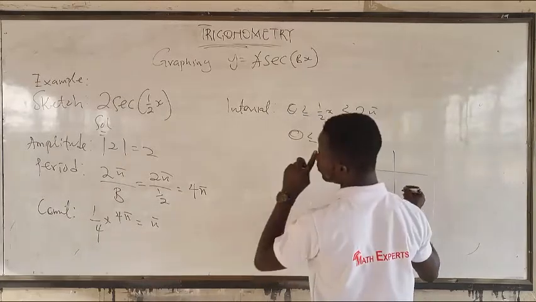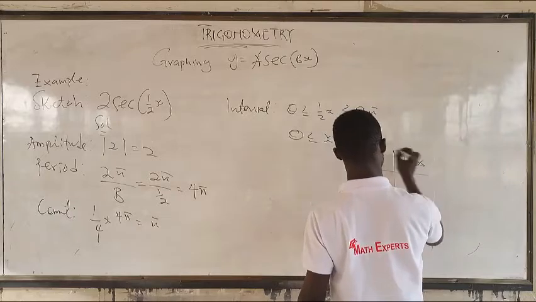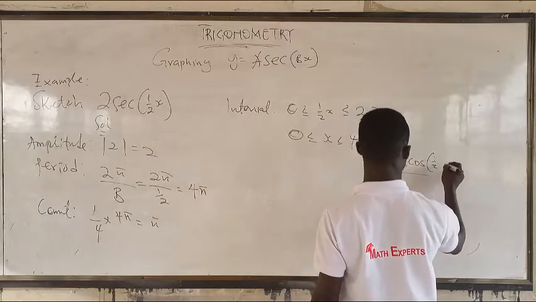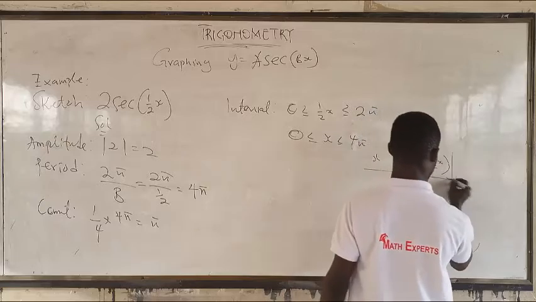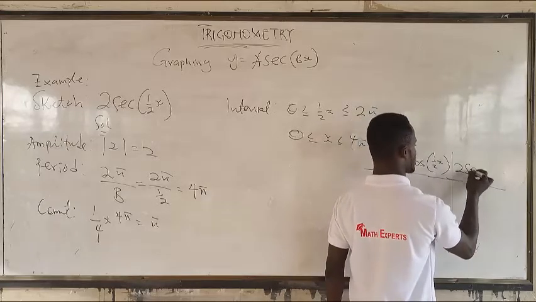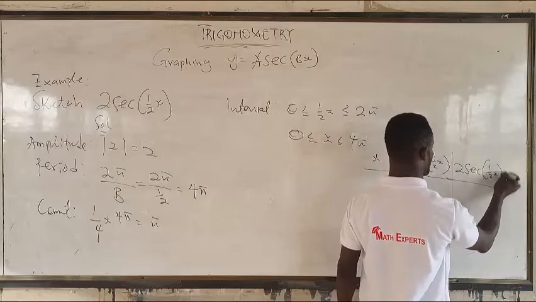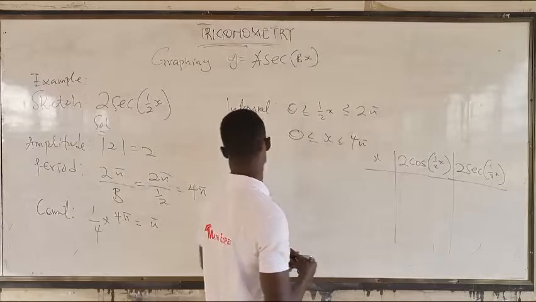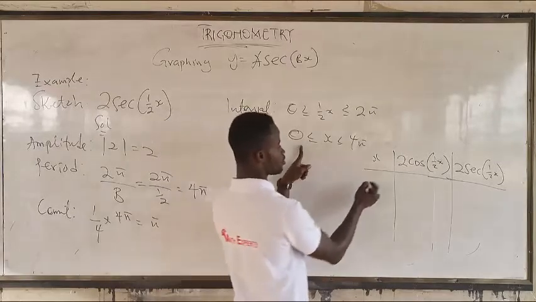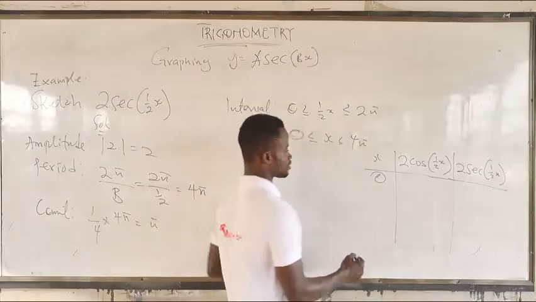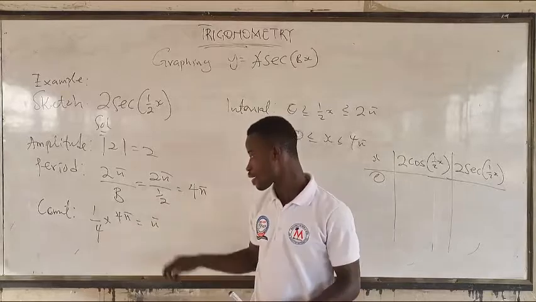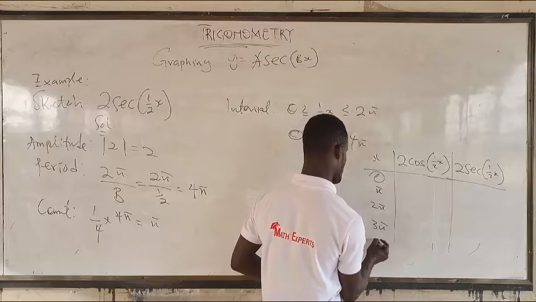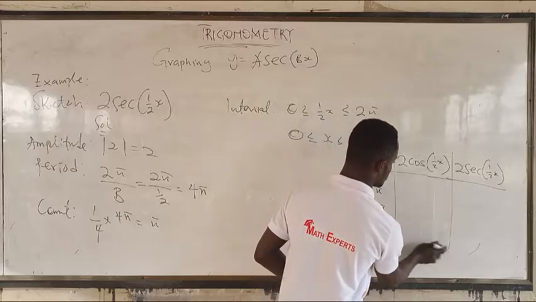So here we have x, here will be 2 cos, then here will be 2 sec. You can see that. Very good. So you start with 0, you end with 4 pi, by adding pi, so you get pi, 2 pi, 3 pi, 4 pi.